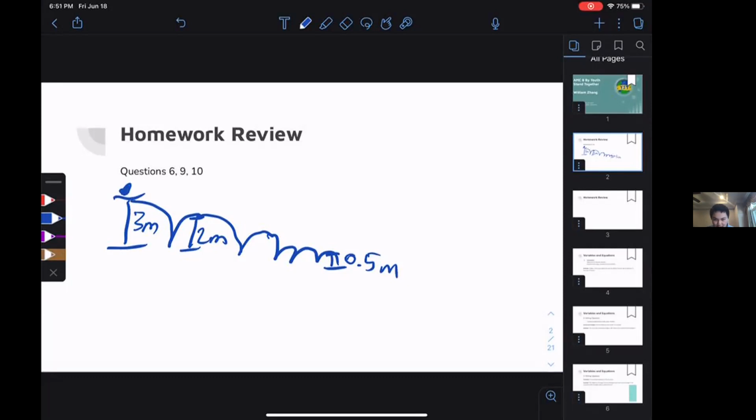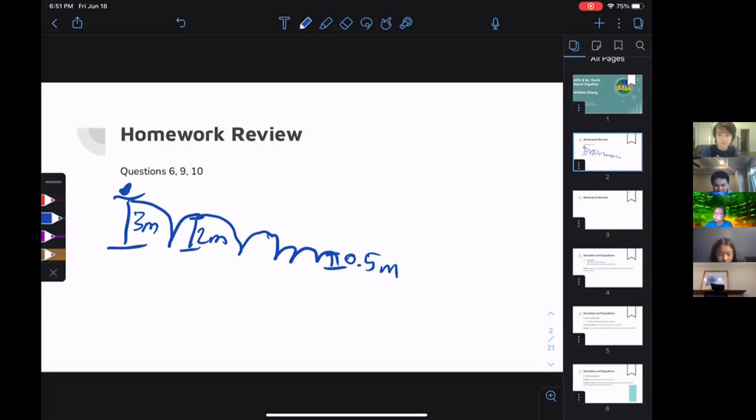Now, does anybody have any ideas on how to solve this problem? You can just unmute. Right, I see Leo has raised his hand. You can go ahead. I just kept multiplying every single bounce by 2/3 until I get something that's less than half.